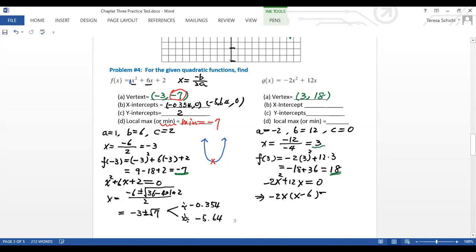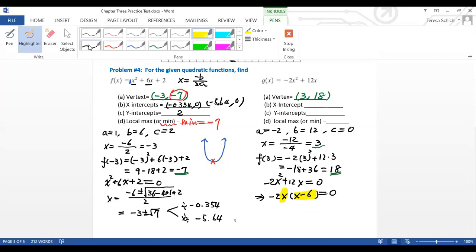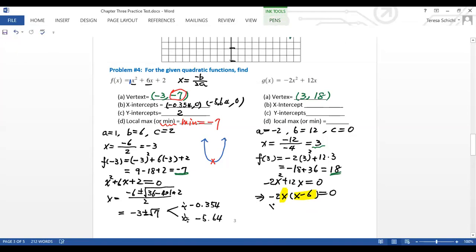Negative 6, equal to 0, right? So I set this one equal to 0 and this one equal to 0, and I solve it. So what do you have here? I have x equal to 0, x equal to 6. So my x-intercepts will be 0, 0 and 6, 0 here.